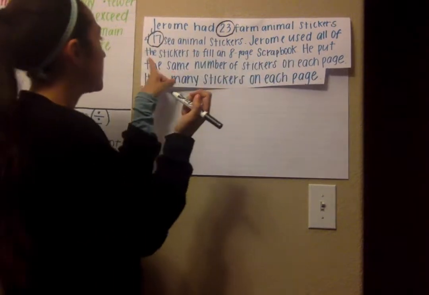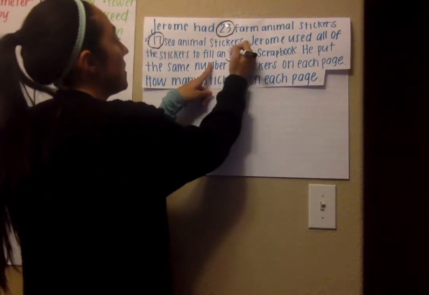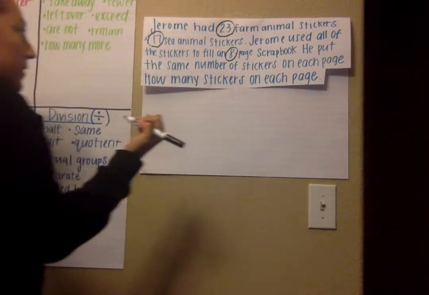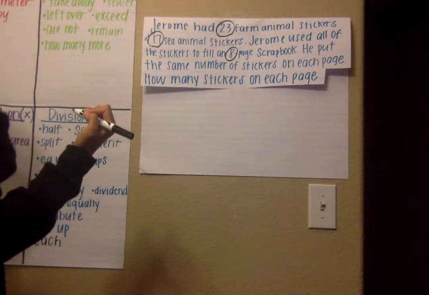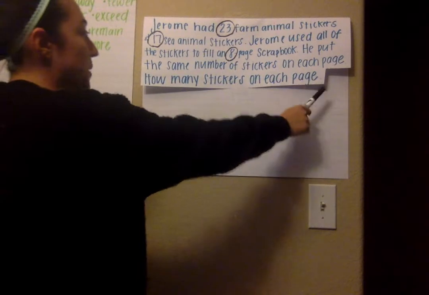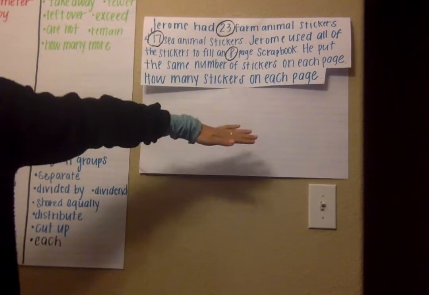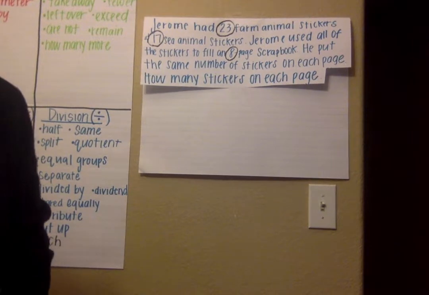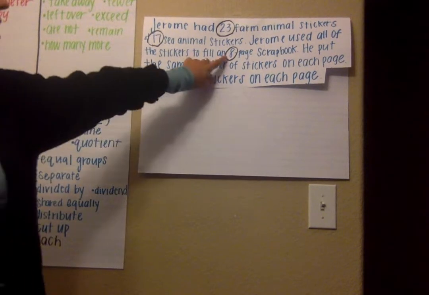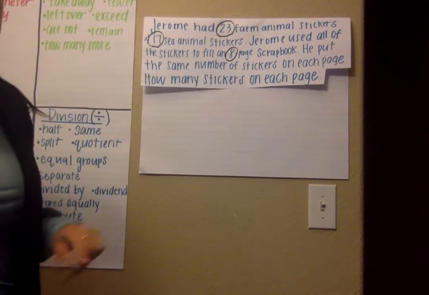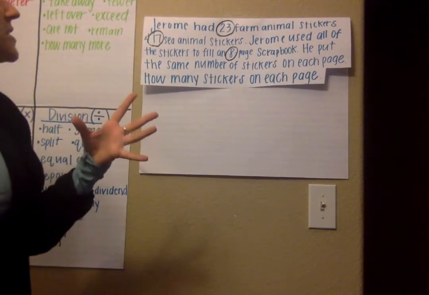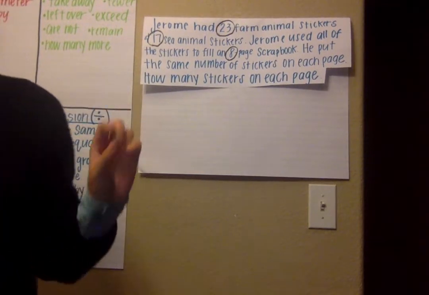Jerome used all of the stickers to fill an 8-page scrapbook. He put the same number of stickers on each page. How many stickers on each page? It's so important to reread it from start to finish again because sometimes the words can be written out instead of in number form, and that's not as easy to see unless you reread it.